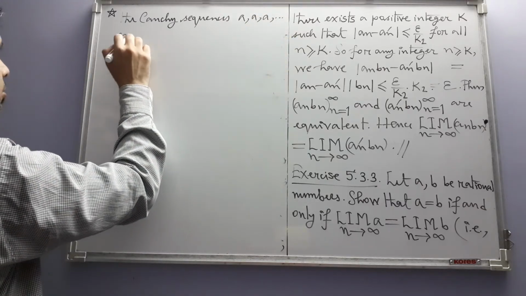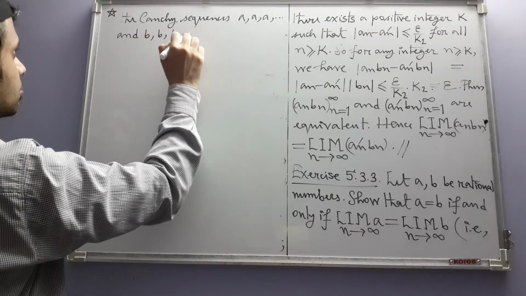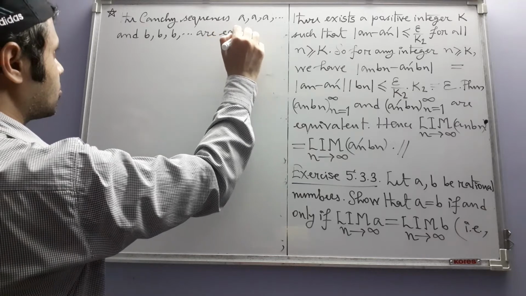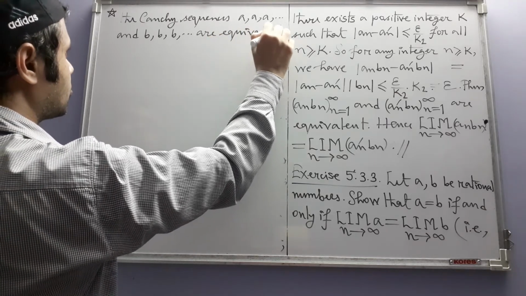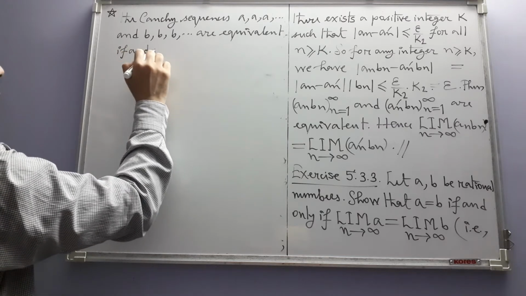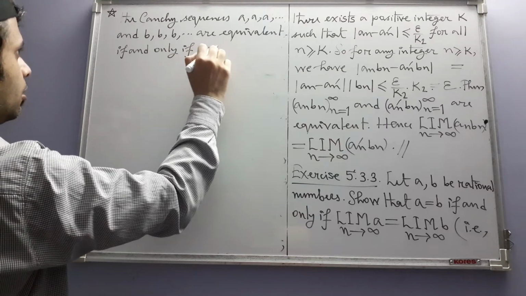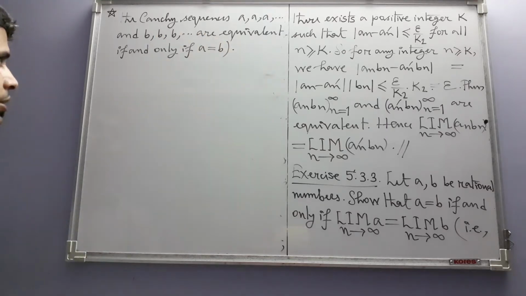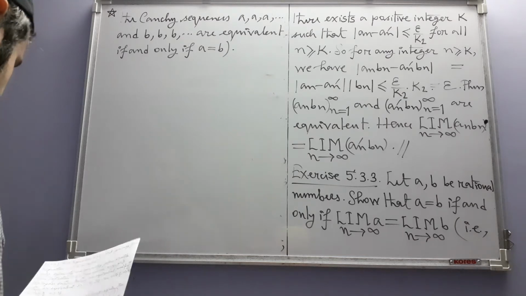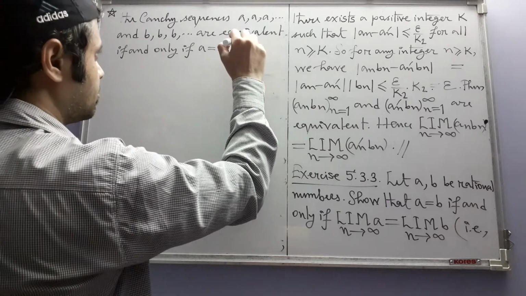This and this are equivalent if and only if A is equal to B. This allows us to embed the rational numbers inside the real numbers in a well-defined manner.